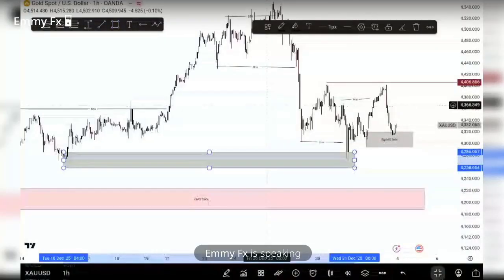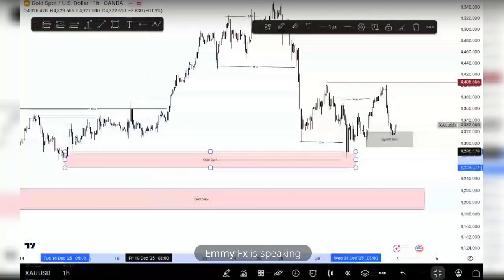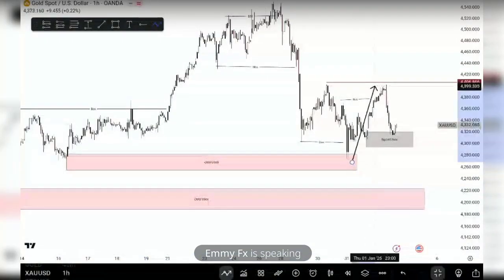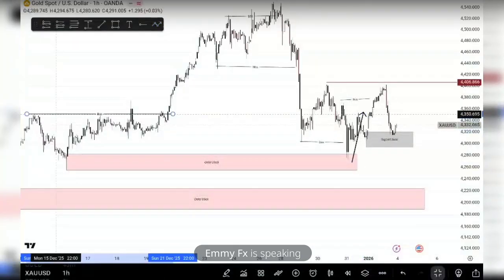If you can see, we have this reaction from here, which means we have a good other block which is currently sitting here. Since price reacted from this other block, this shows that it is a very valid other block in which price is currently reacting.